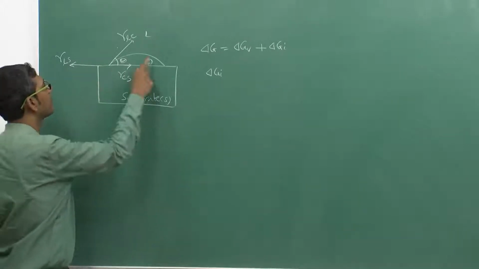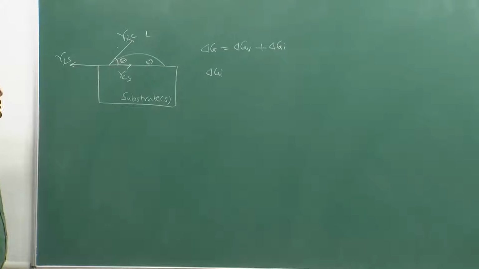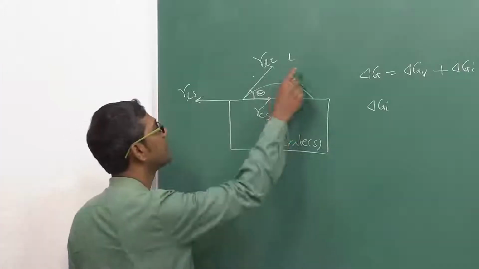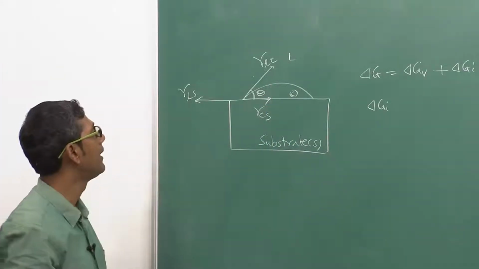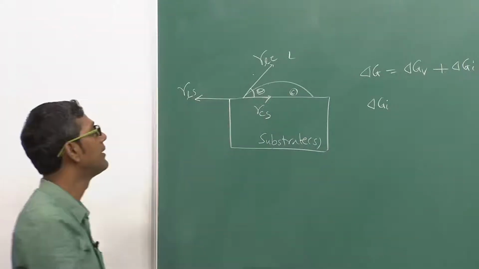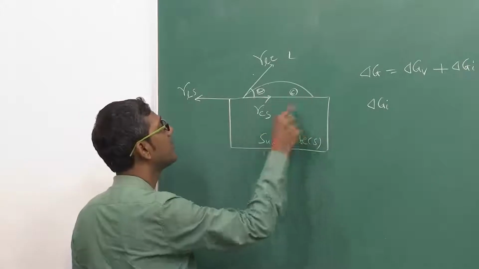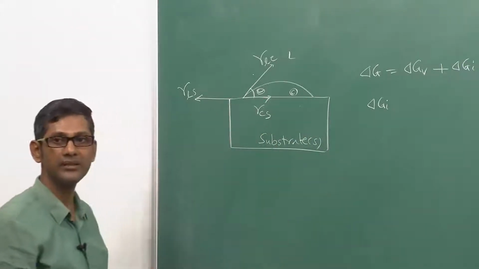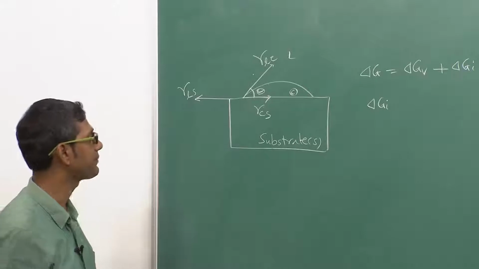Initially the substrate was in contact with the liquid, so the interface between substrate and liquid was present. As soon as the crystal nucleates on the substrate, this interface which was there initially between substrate and liquid is no longer present.